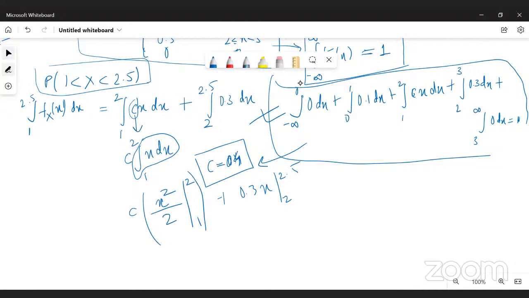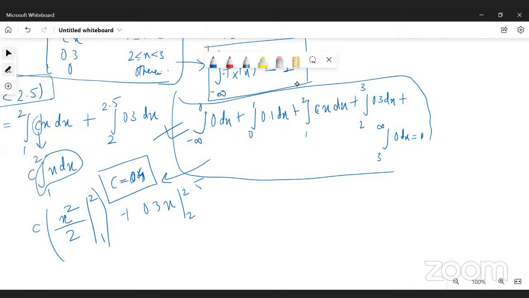Ma'am, I have a question on the same one. When you put the limits, -infinity to 0, 0 to 1, 1 to 2, 2 to 3, 3 to infinity, there is a greater than or equal to and less than sign.